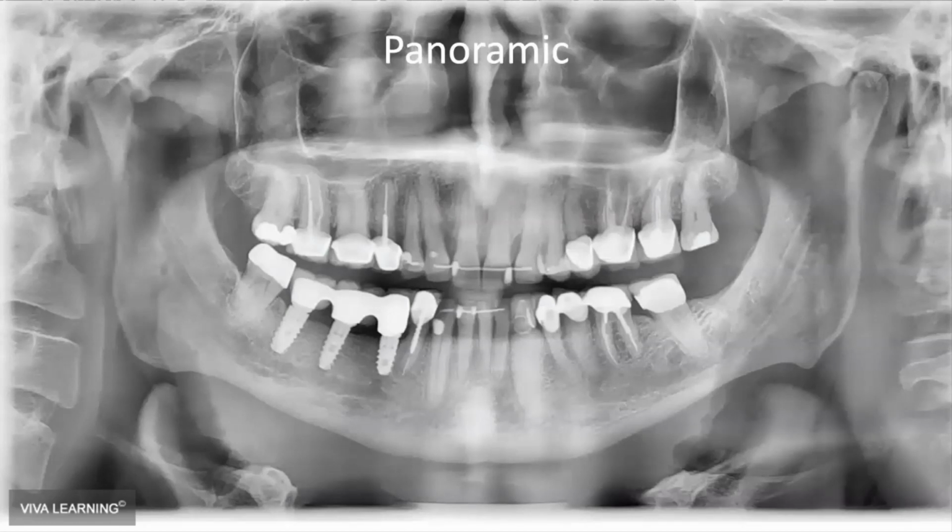There's a lot of pathology that's missed when we start just looking at an FMX or a set of bite wings and a few PAs, because there's lots of things that go on beyond, as I say, the teeth. And taking a panoramic image just enhances our ability to see things beyond that.